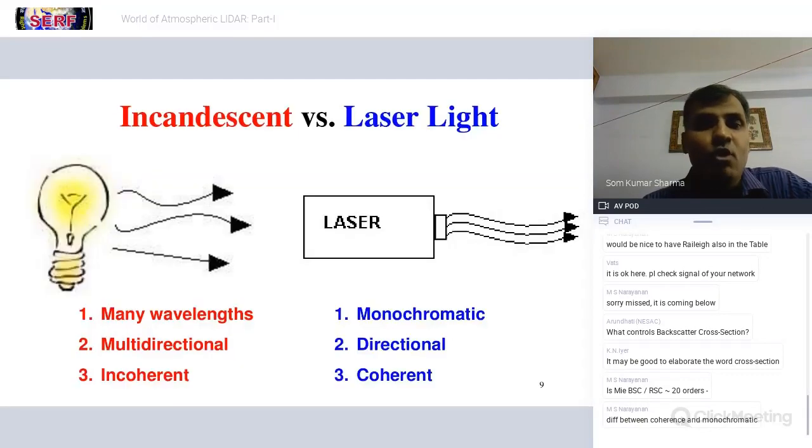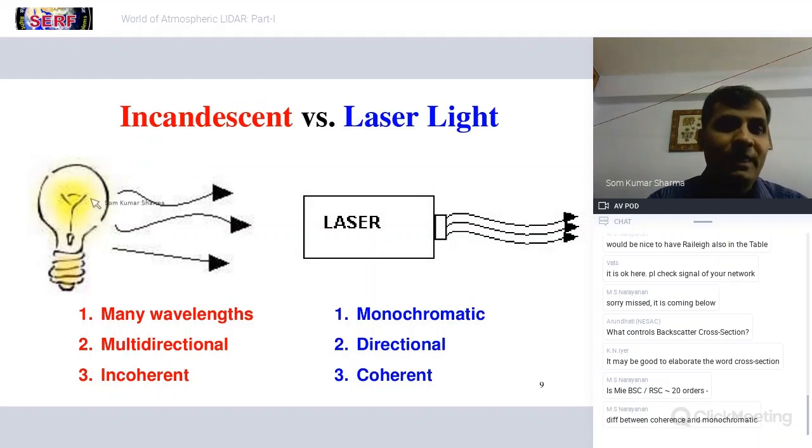A little bit more about the laser, more diagrammatically. It will give you the feeling of how the incandescent bulb, meaning the ordinary bulb, works. It is known as an incandescent bulb because there is a filament that is glowing and heated up, and due to that heat the light comes out. You see the light vectors going in all directions.